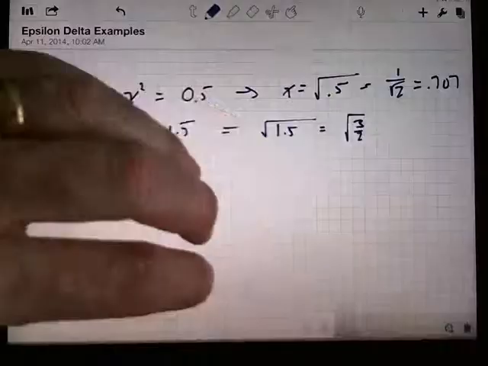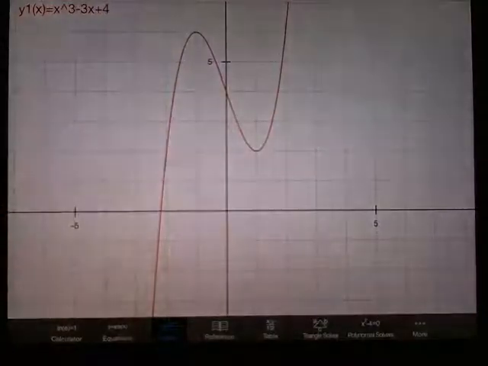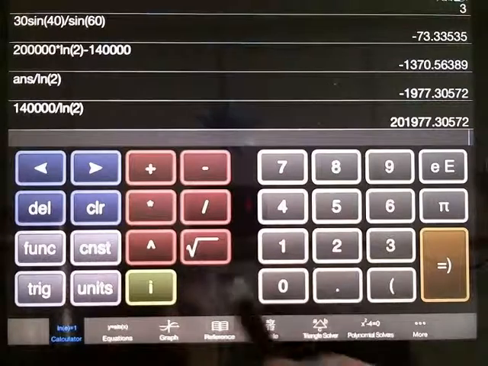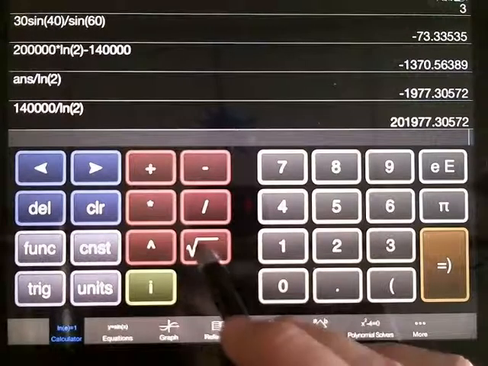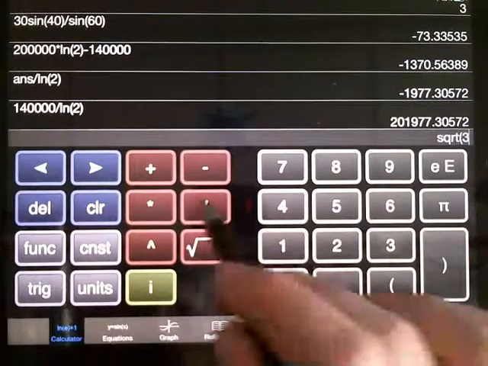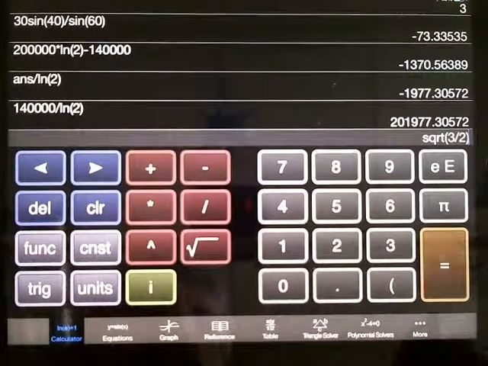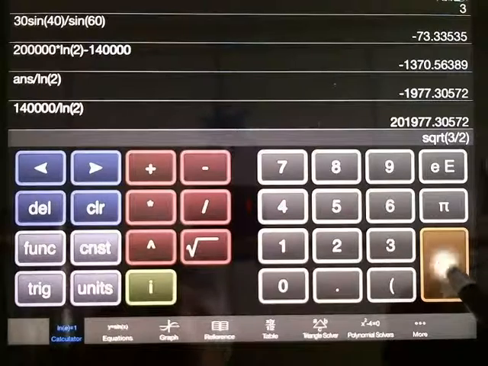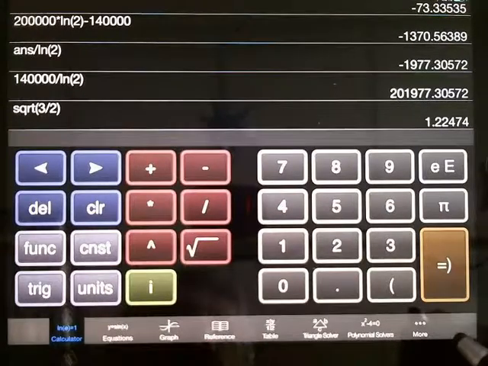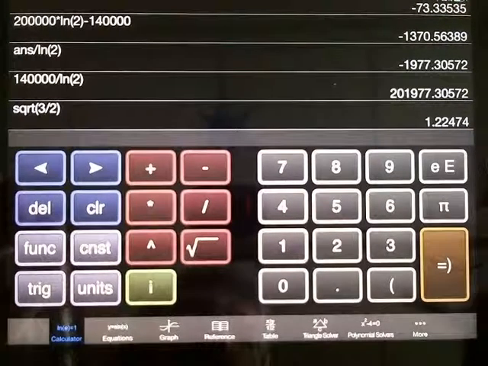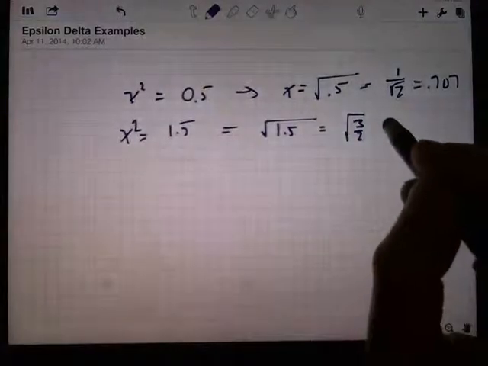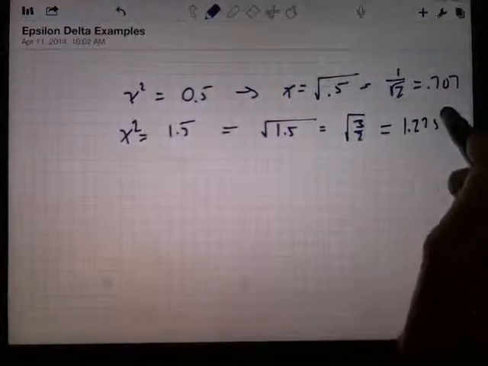Actually, I'm going to grab a calculator real quick here. Here's my graphing calculator. Let's say I want the square root of 3 divided by 2. So the square root of that whole fraction, so the square root of 1.5, is equal to 1.225, let's say. Okay. So coming back over here, that's 1.225.